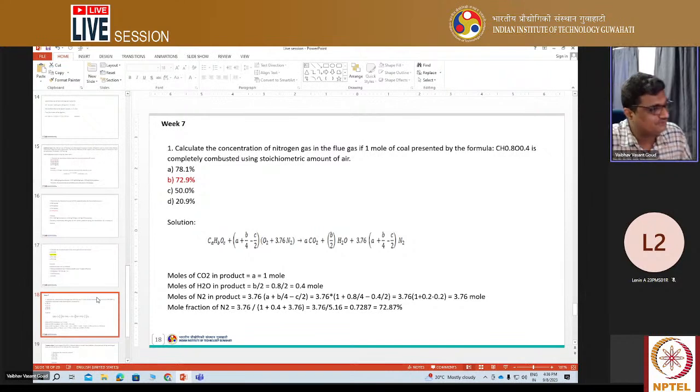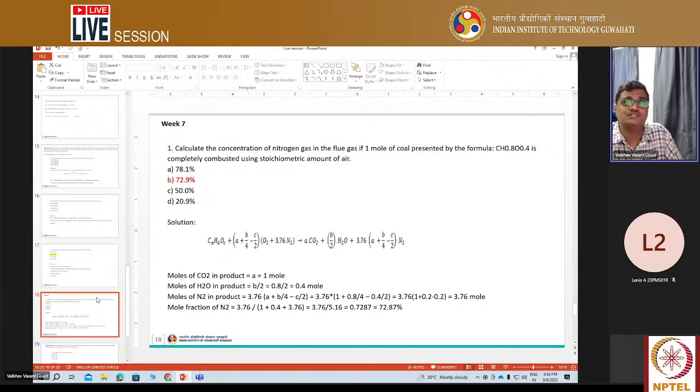In assignment 7, if you remember, it was mostly on combustion, gasification and pyrolysis, about the process of the combustion, gasification, and pyrolysis, where we need to calculate the concentration of the nitrogen gas which is in the flue gas. If 1 mole of the coal represented by the formula, which is given here, is completely combusted using the stoichiometric amount of the air.